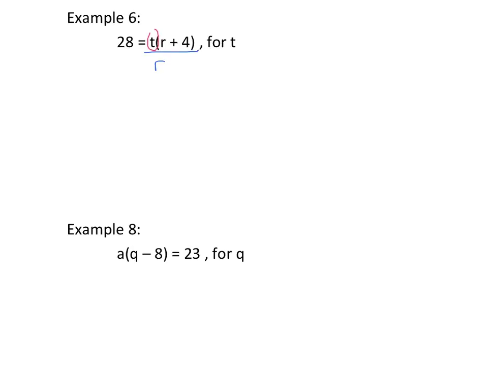So I'm going to divide by what's in the parentheses. And that undoes the multiplication. And that leaves us with 28 over r plus 4 equals t. And that literal equation is now solved for t.